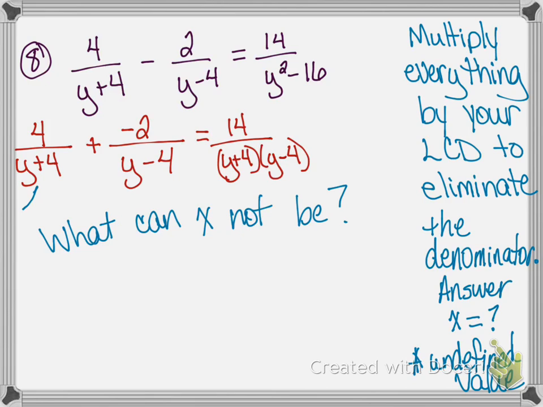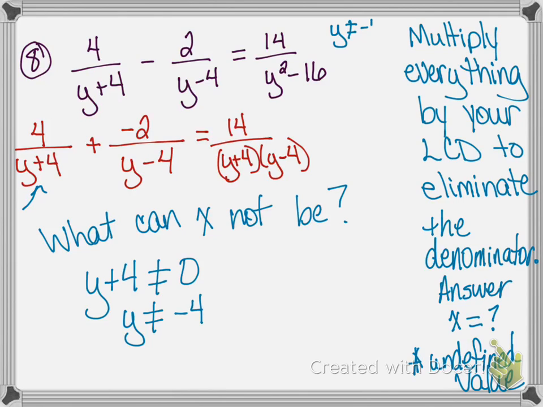So, I'm going to take this denominator right here, and I'm going to say y plus 4 cannot be 0. So then I get y cannot be -4. I have just solved for y. So an undefined value for this is -4.